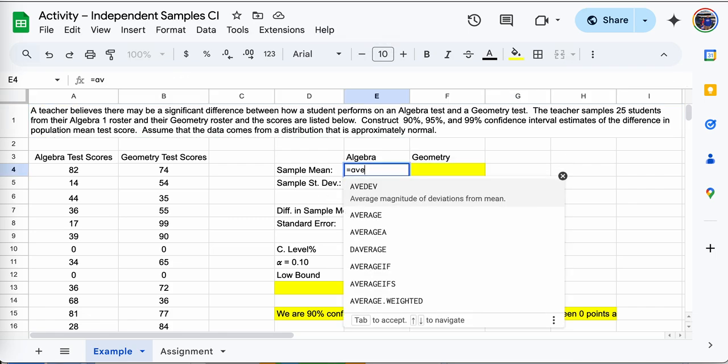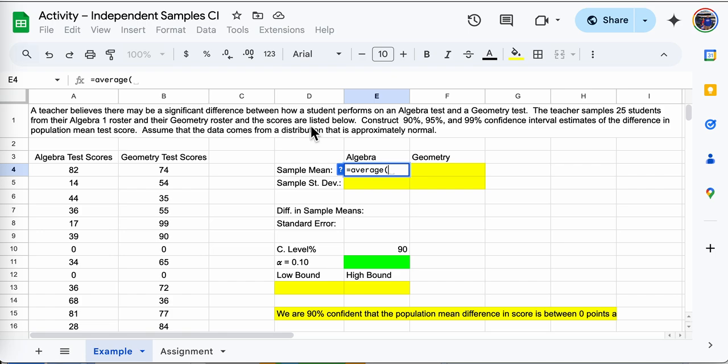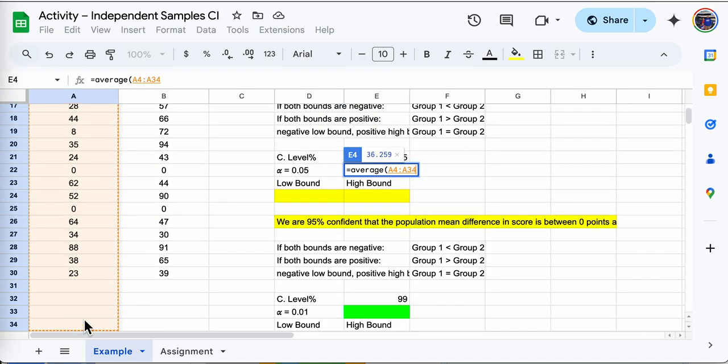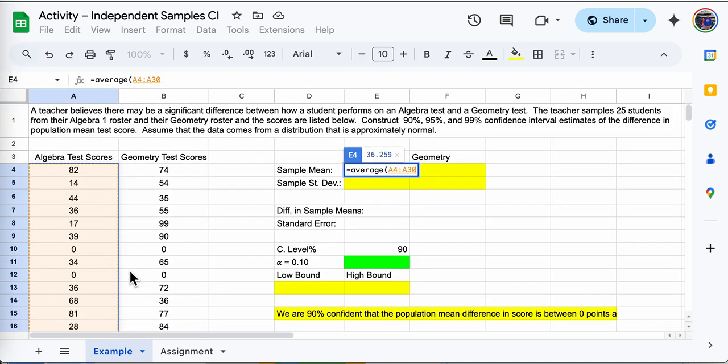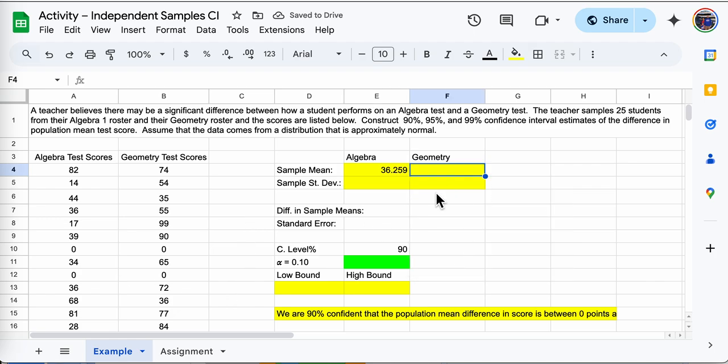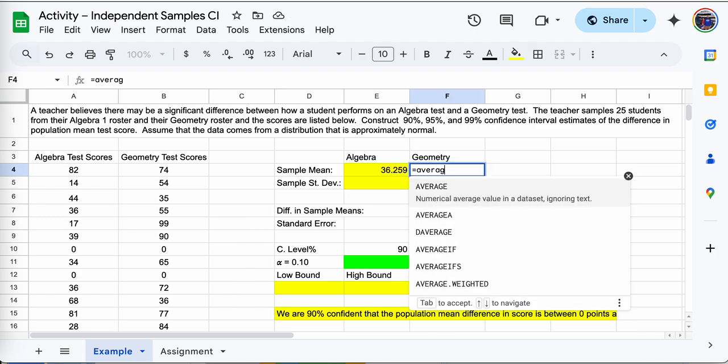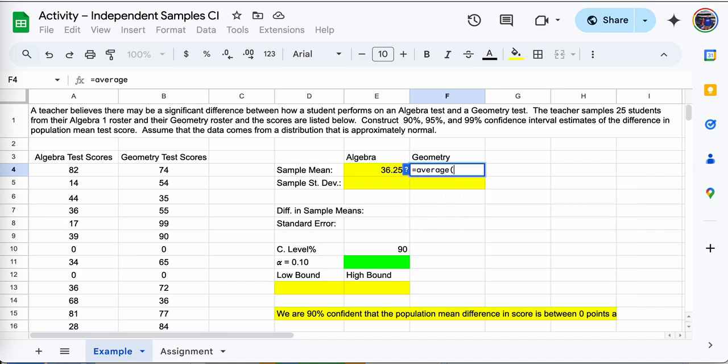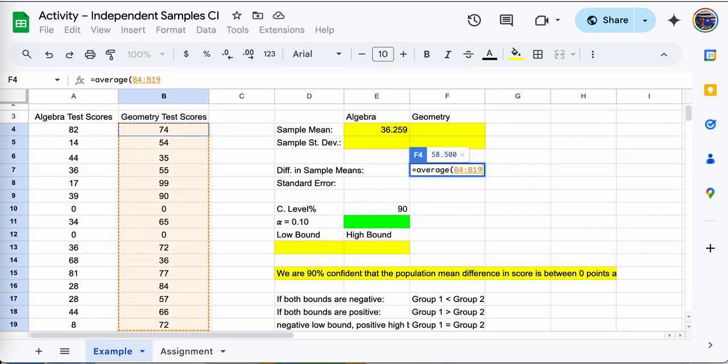We're going to find the average of the items in the algebra column. Okay, lock it in, equals average. I could just drag across, but I'll just do it like this.